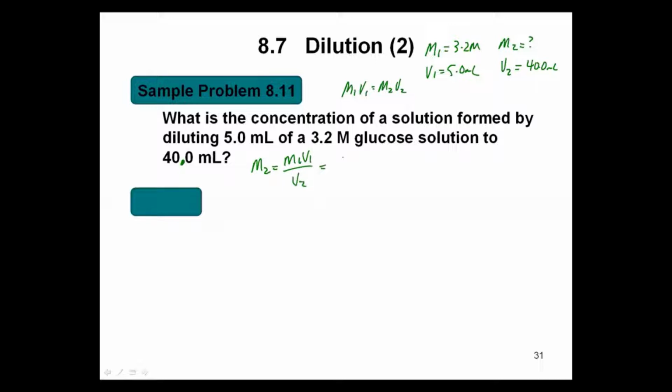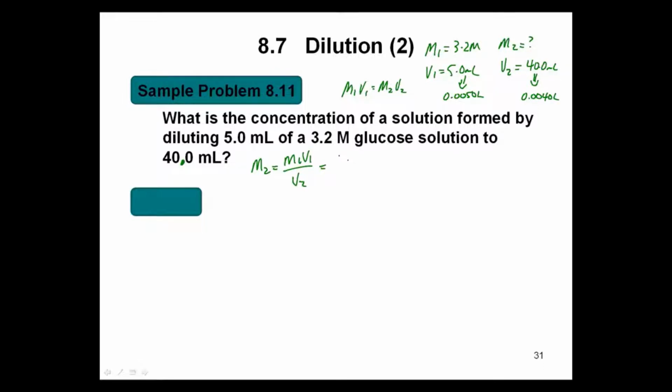Again, in this case, we can leave the volume in milliliters, or if you want, you can convert both of these volumes into liters. It's perfectly fine, which if you did, you would have something like that. And if you converted this into liters, you would have something like that. But again, you can leave it in milliliters. I'm going to show you why in this particular formula it's okay.